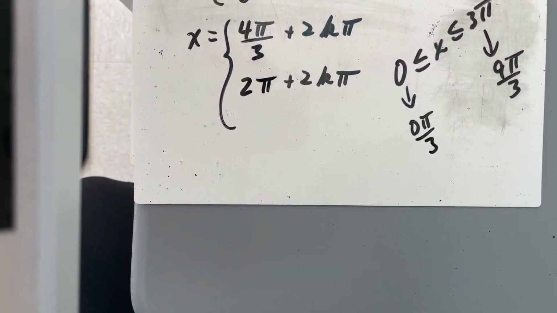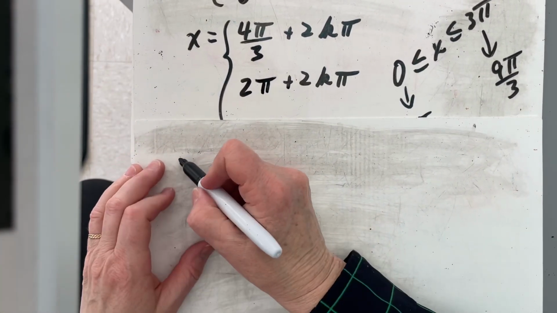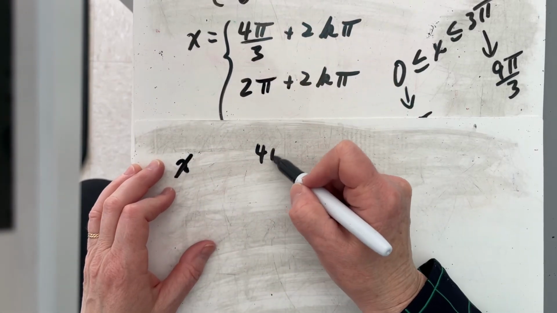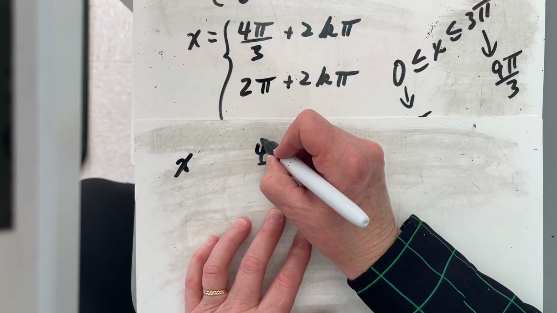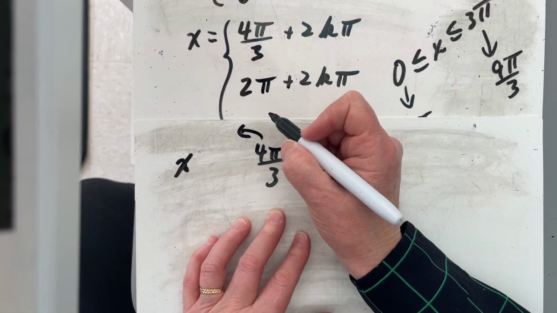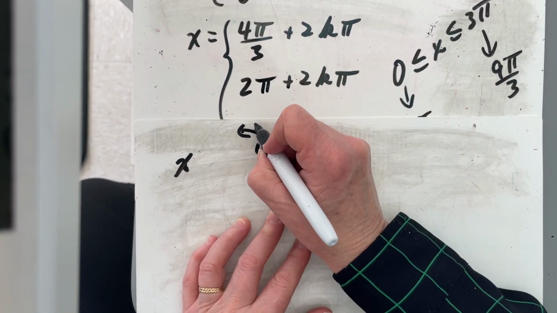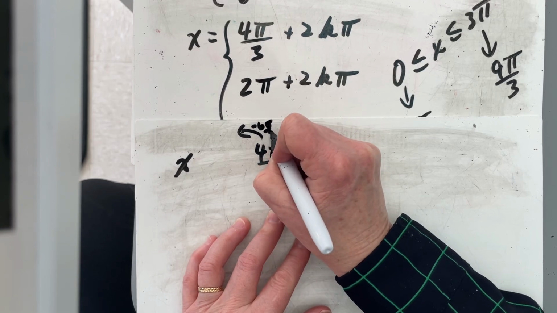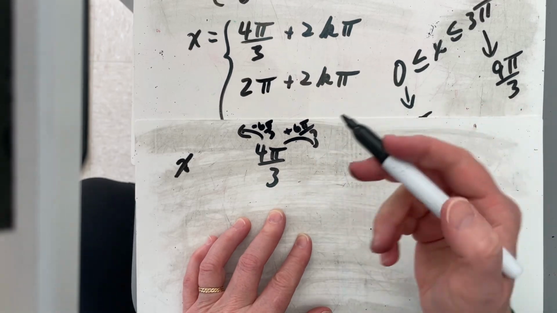So we're looking for our first solution, 4 pi over 3, and we're going to be adding 2 pi or subtracting 2 pi over and over again. Well, 2 pi is 6 pi over 3, so minus 6 pi over 3, and also adding 6 pi over 3 over and over again.